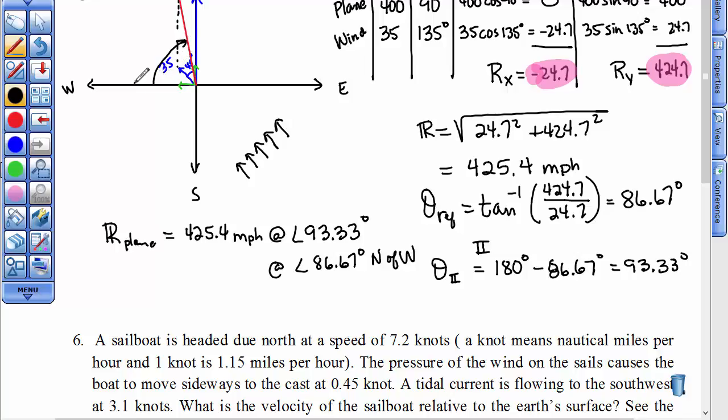If I go from the westerly line and go up to it, I'm going north of west. I could also use this itty-bitty angle, about 3.33 degrees, and that would be west of north. So there are a lot of ways to state the size of the angle. In navigation, it's probably going to be one of these two ways.